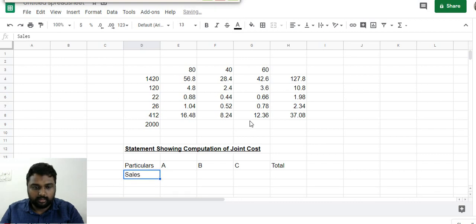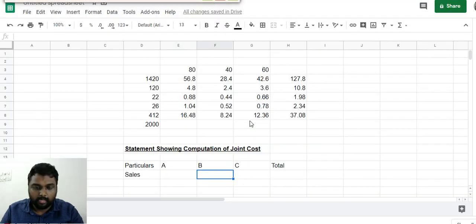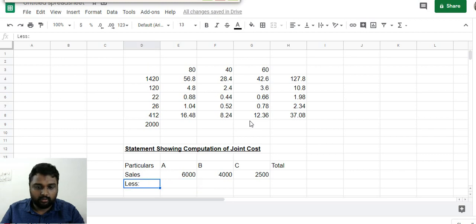Sales are 6,000, 4,000, 2,500. Less: first, what we have to do? Less profit.